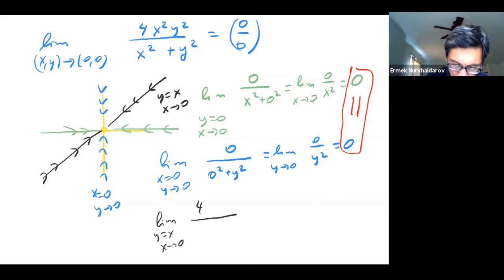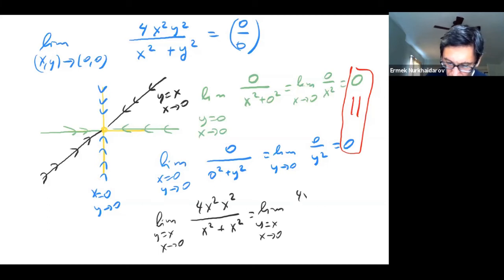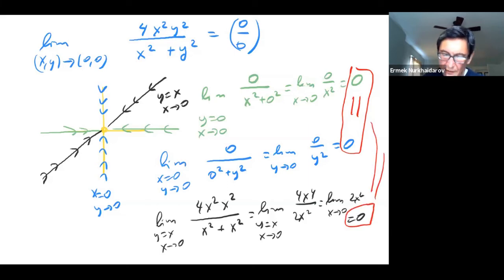We're going to get 4x squared, with y equals x, so x squared plus x squared. We're going to get the limit as x approaches 0 of 4x to the fourth divided by 2x squared. Do algebra, reduce it, so we're going to get 2x squared, so the limit is still equal to 0, right? So we still don't run into trouble. So that probably suggests that the limit equals 0.